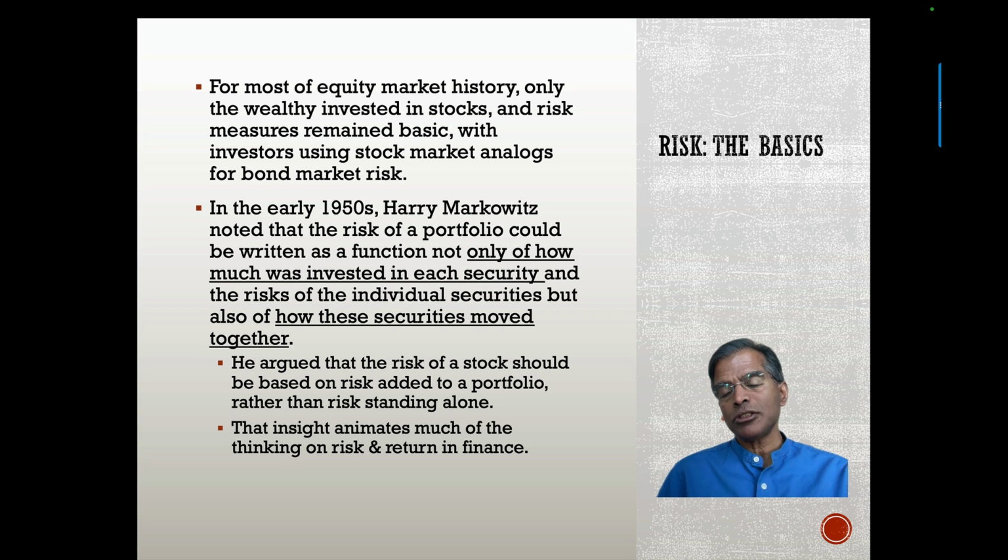And the way investors thought about risk in equities was analogous to the way they thought about risk in bonds. They thought about default risk. They thought about the fact that their dividends might not be paid, and they stopped there. But each stock was assessed based on its own risk. In the 1950s, Harry Markowitz revolutionized the way we think about risk by bringing in basic statistics.